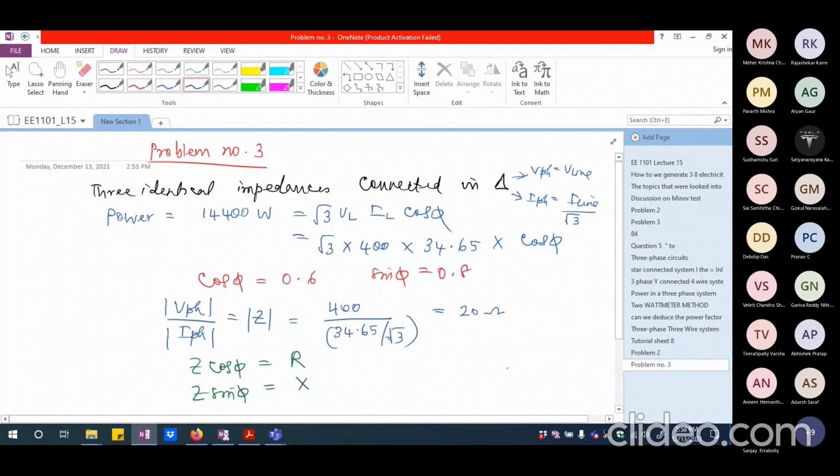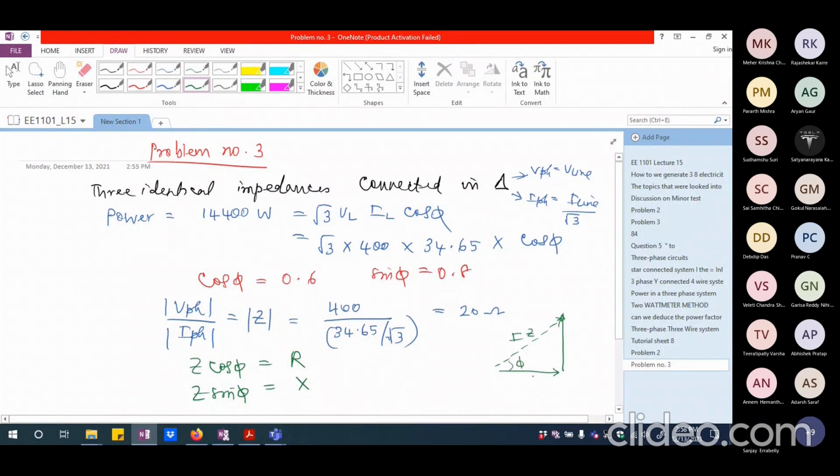I hope you remember the impedance triangle. We said that if we have R, IR is like this, IX is like this, right? And then these two added together will be IZ.